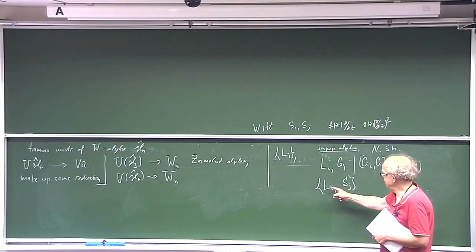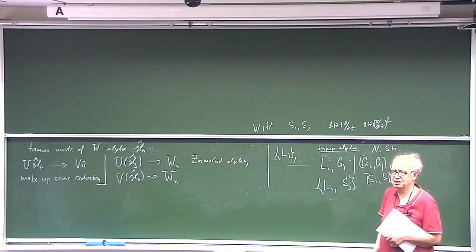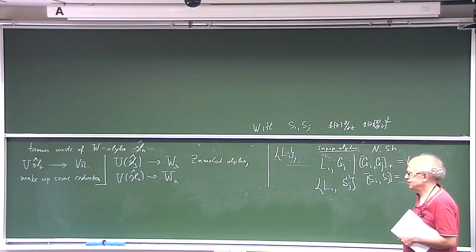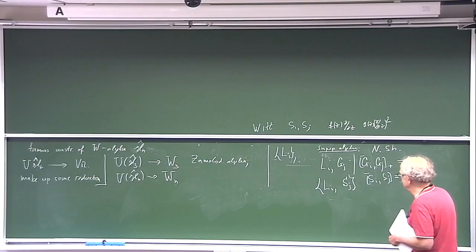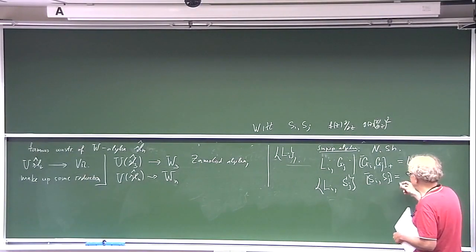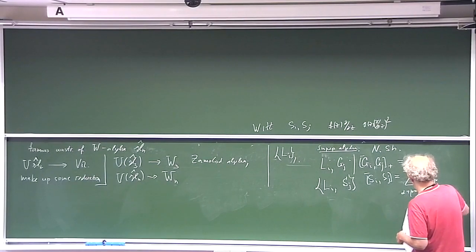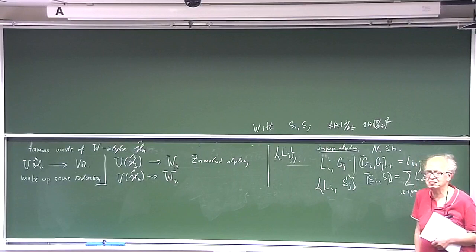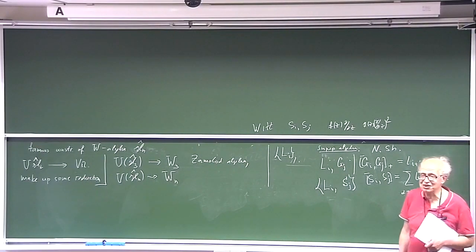So we know the bracket of this with this. But he tried to understand what the bracket of S with S can be. Because of the associativity constraint, it has to be equal to the sum of L_{α+β}, with α plus β equal i plus j, plus some additional linear term. This is what he discovered by calculation.